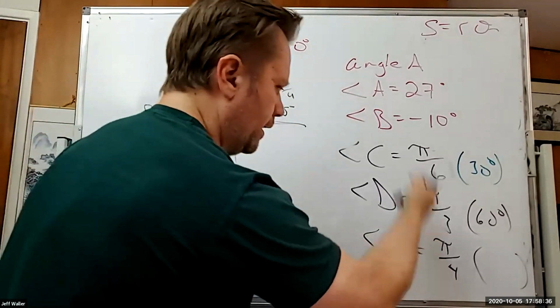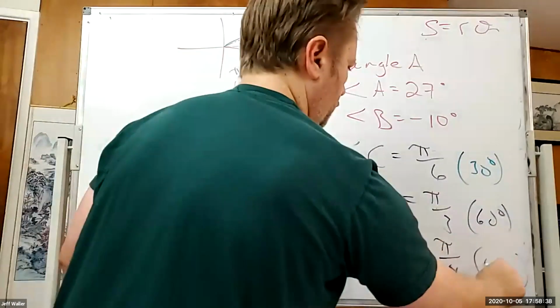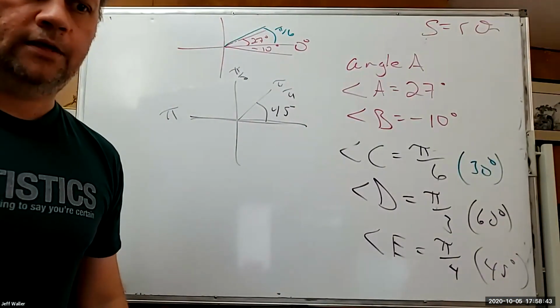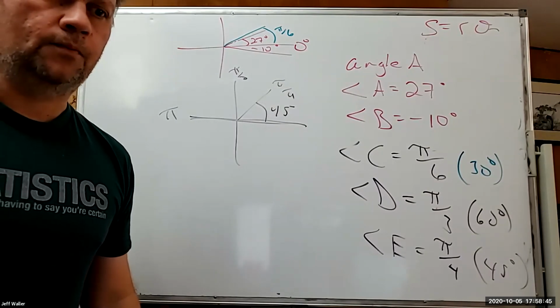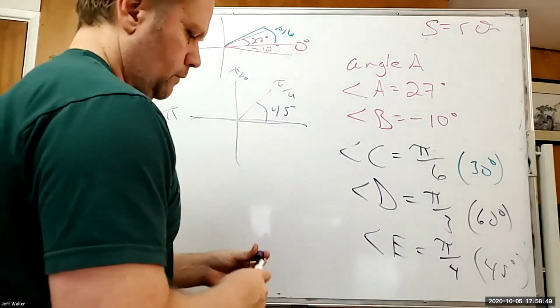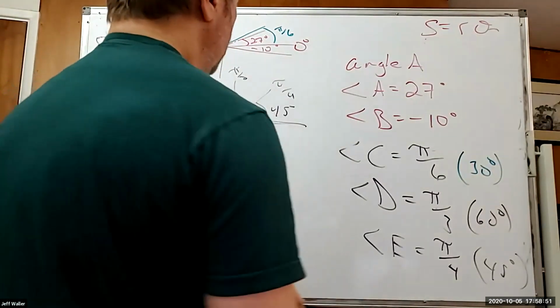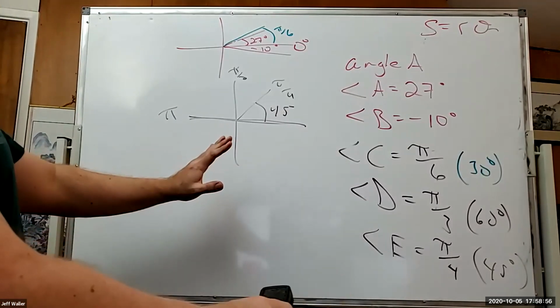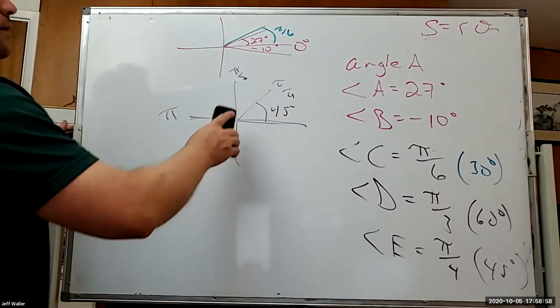And if you just plug in 180 and divide, you'll get your 45 degrees. I love it. All right. One other thing that gets interesting, let me let you guys copy that.